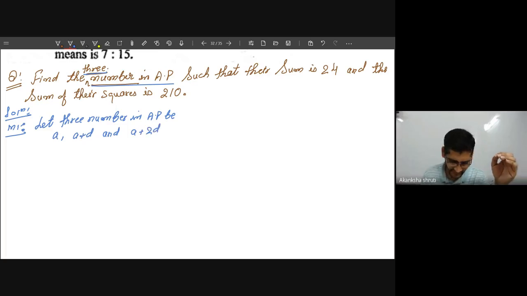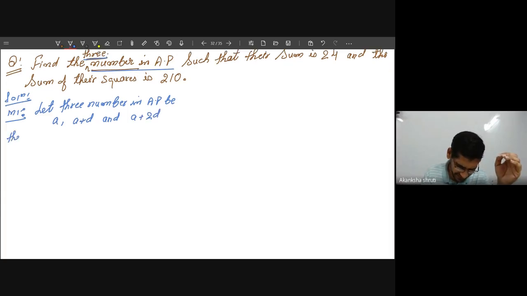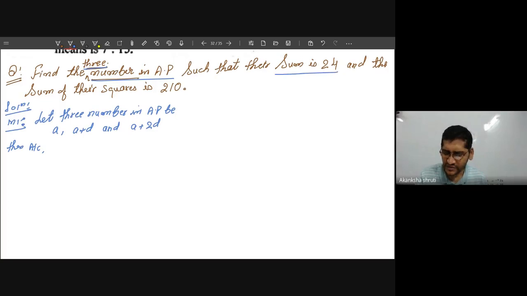Okay. Then what is the condition given in our question? So their sum is 24. Then according to the question, a the first term plus a plus d the second number, and the third number that I am choosing is a plus 2d.